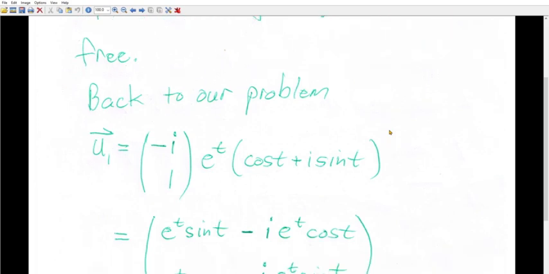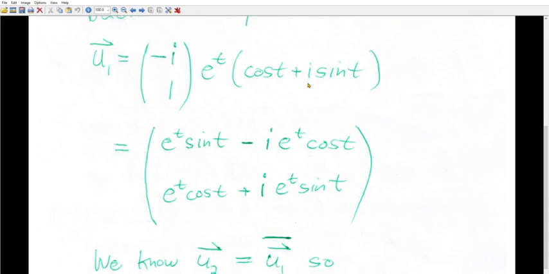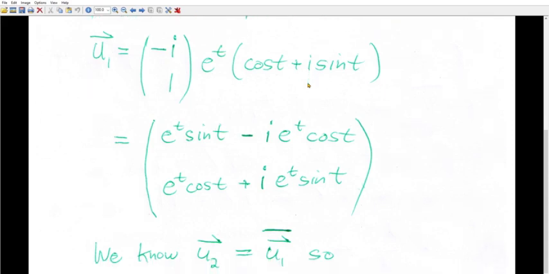Now let's pop back to our problem. u1 was (minus i, 1) times e to the t times cosine t plus i sine t. And when we multiply this thing out, what we're going to get is e to the t cosine t times minus i, and i sine t e to the t times minus i is 1.